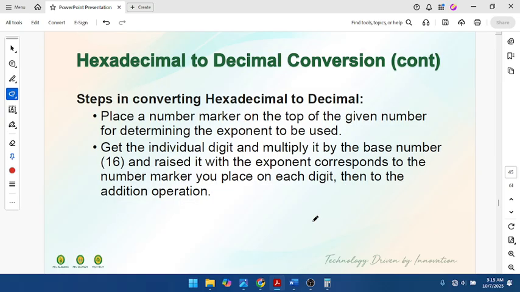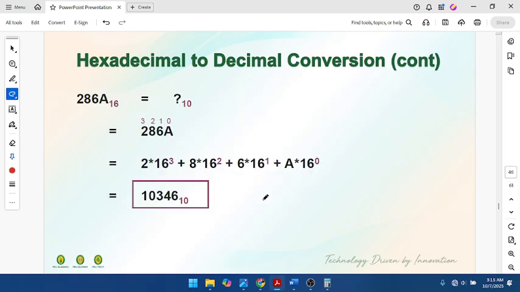Here are the steps. Place a number marker on top of the given number to determine the exponent to be used. Get the individual digits, multiply each by the base number 16 raised to the exponent corresponding to the number marker you placed on each digit, then do the addition. We have here the example, 286A base 16 to base 10.